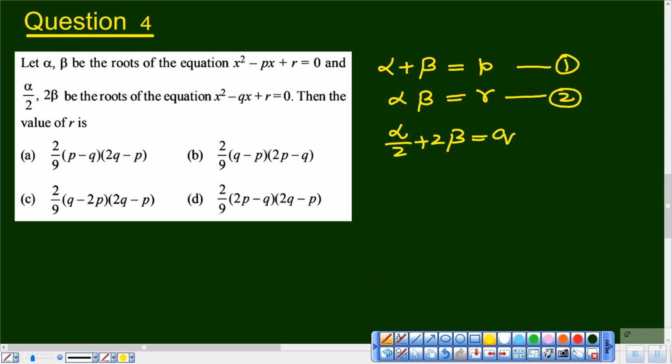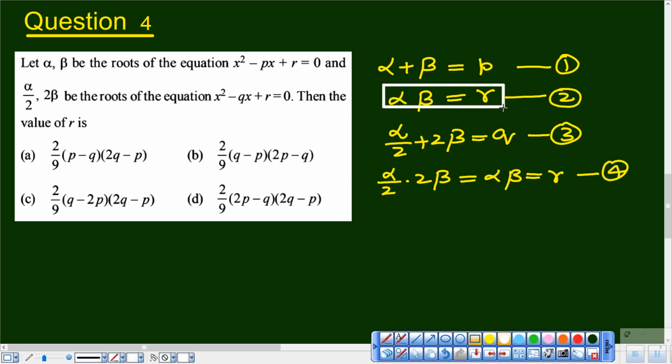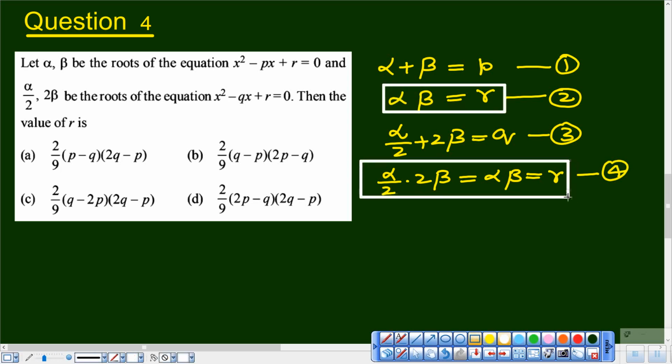I call it equation number 3. And the product of the two roots is alpha by 2 into 2 beta, which is again alpha beta, and it is the absolute coefficient upon the highest degree coefficient, that is r. You can see that it is not a different equation. Already we have alpha beta equal to r, and here also we have alpha beta equal to r. Of course, I can use either of the equations, the same after all.